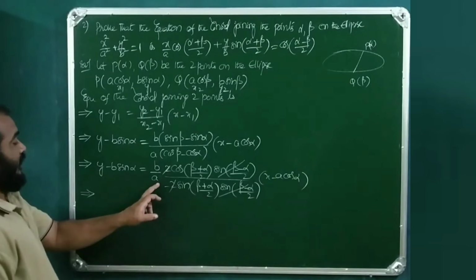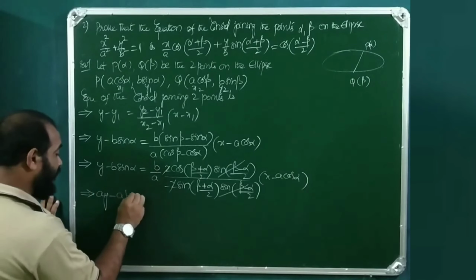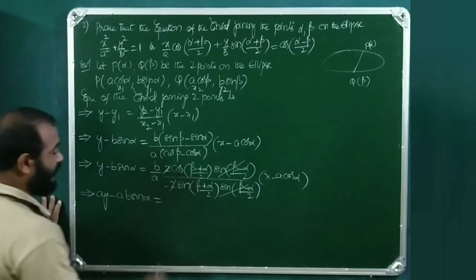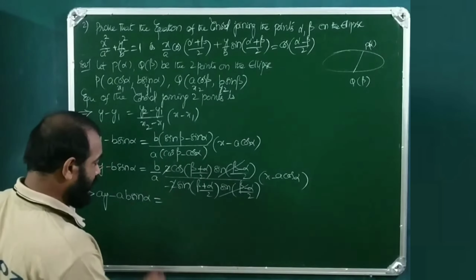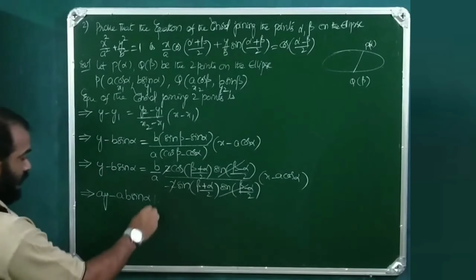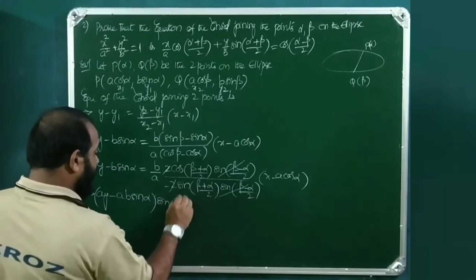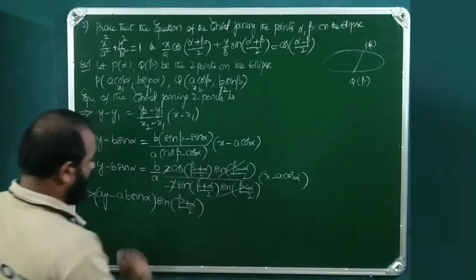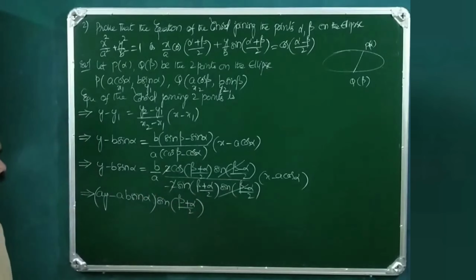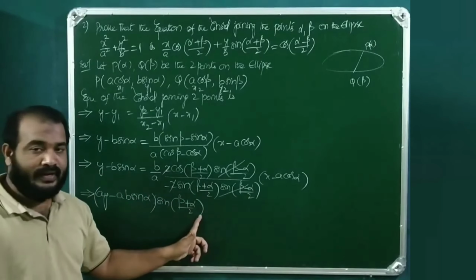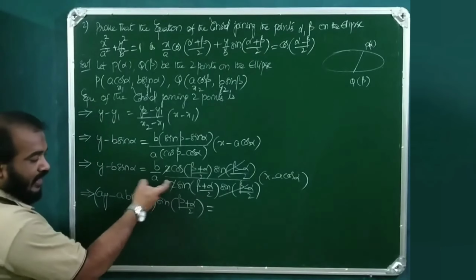So this is, do cross multiplication. A into y, ay minus a into b, ab sin alpha is equal to, this is, into sin (beta plus alpha) by 2 also. So this is a sin (beta plus alpha) by 2 into this, I just cross multiplied, is equal to, minus is there in the RHS itself.